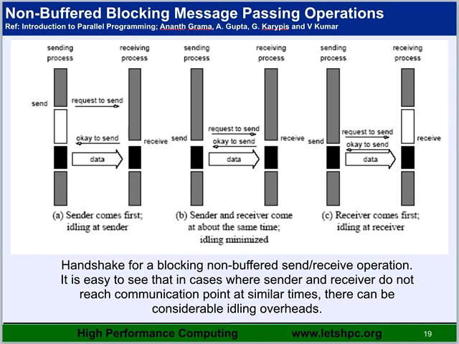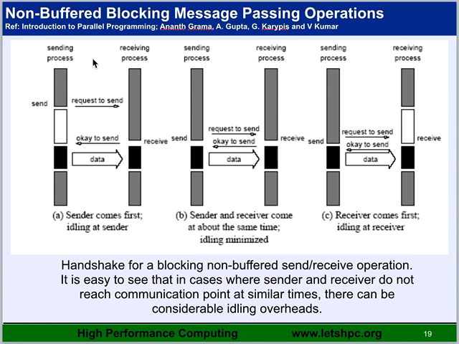Now let us look at this diagram. This has been taken from the book Introduction to Parallel Computing by Ananth Grama, A. Gupta, G. Karypis, and V. Kumar. This diagram is for a non-buffered blocking message passing operation, so we don't have a specialized hardware buffer.